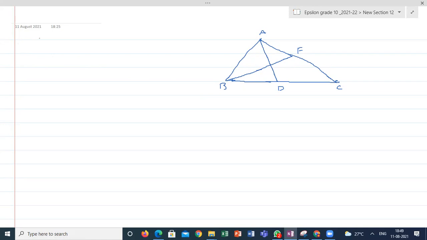Please try to solve this question. In triangle ABC, AD is a median, and E is the midpoint of AD. See here, this is E. E is the midpoint of AD.